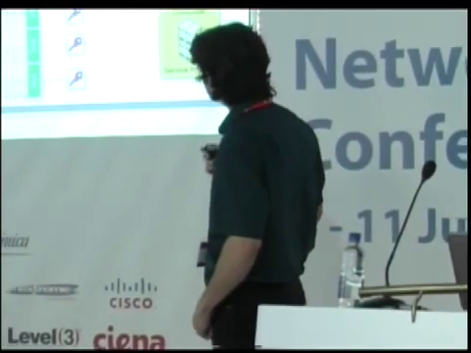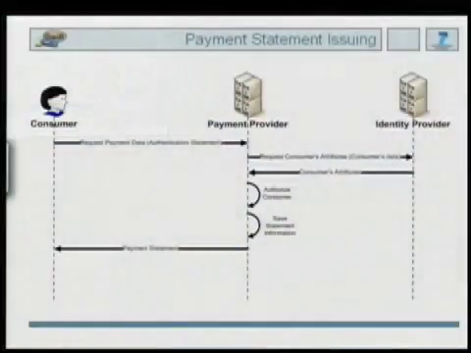To go a bit more into detail on how the processes may work, I would like to present the three processes: the issuing, the real payment, and the reimbursement, now with some sequence charts.